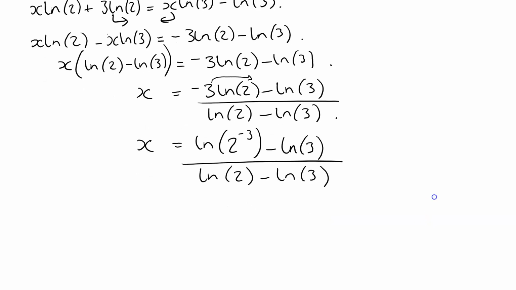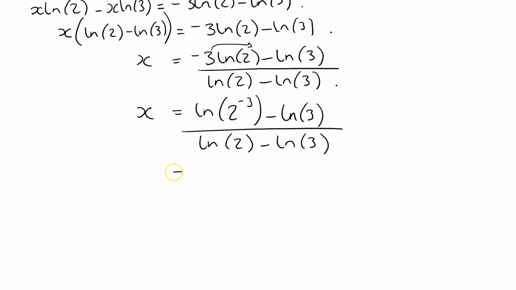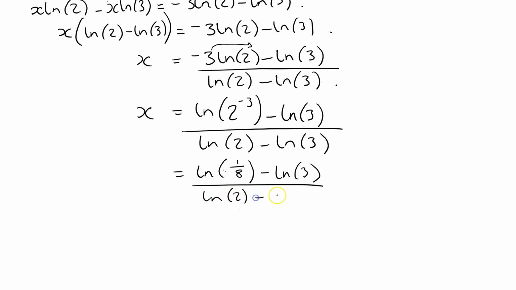So I've tidied up the first bit a little bit. Well, I know ln of 2 to the minus 3 is going to be an eighth. And 2 minus ln 3 again.